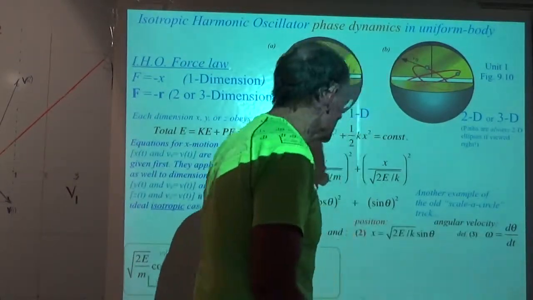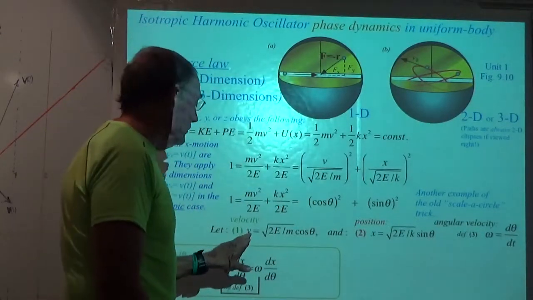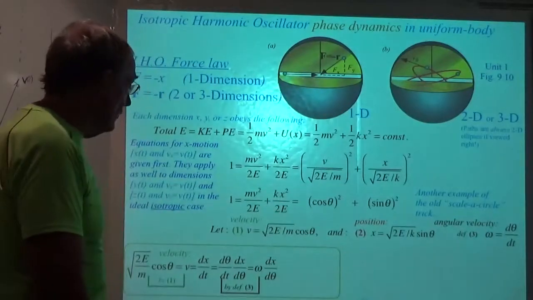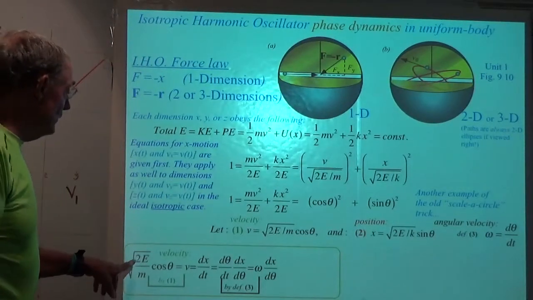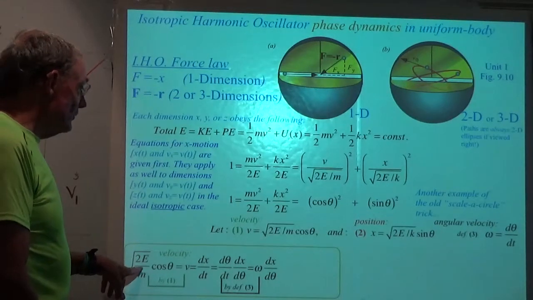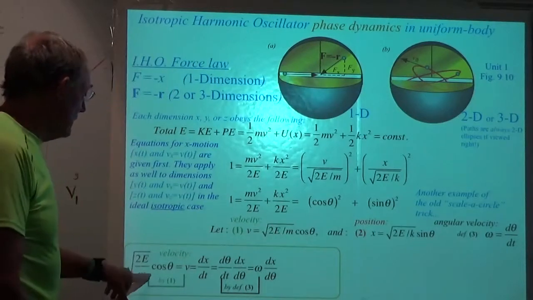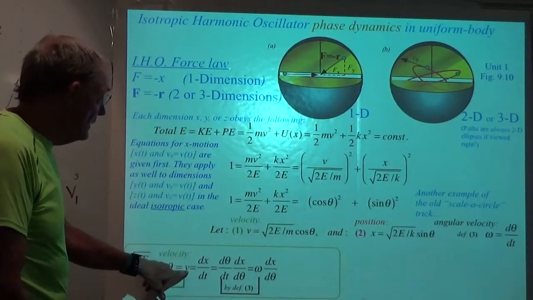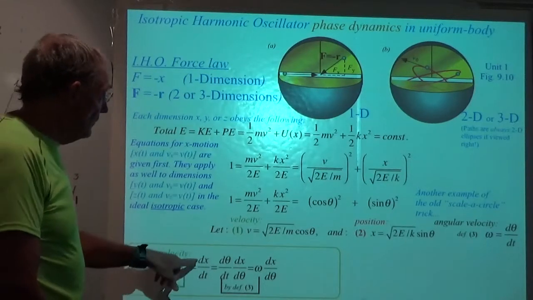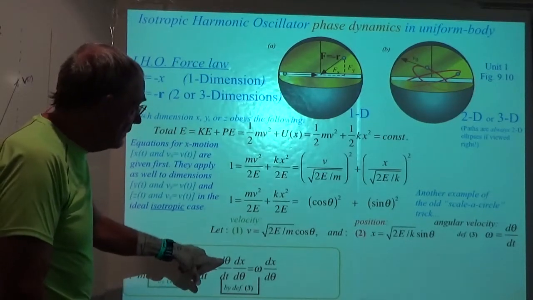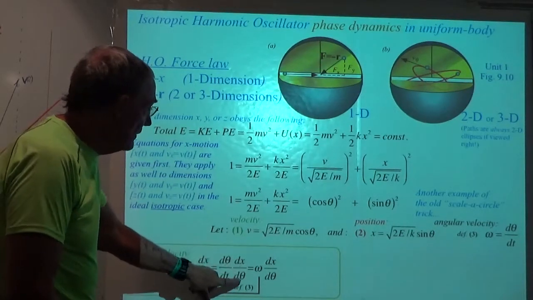That's what I'm going to add to this: besides a linear velocity, we have an angular velocity, the d theta dt. But the idea is that this object, this pi 1 right here, this v, that's the linear velocity dx dt, and that's the same as d theta dt times dx d theta.